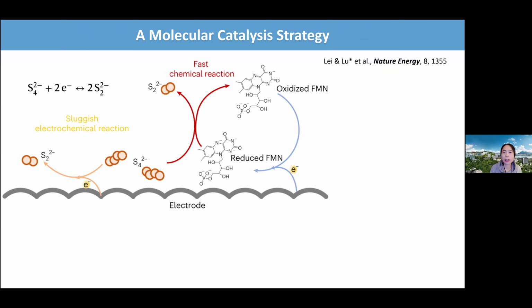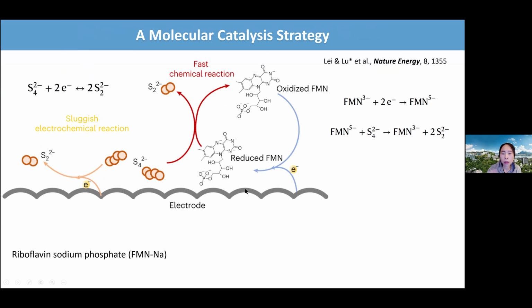So essentially, instead of directly electrochemically reducing polysulfide, we reduce a redox molecule itself. In this case, riboflavin sodium phosphate, FMNA. This molecule can be reduced with much lower overpotential, so much faster kinetics. And once it's reduced, it can react chemically with S4 2- to reduce S4 2- to S2 2- chemically, and itself can be reoxidized back to the oxidized phase.